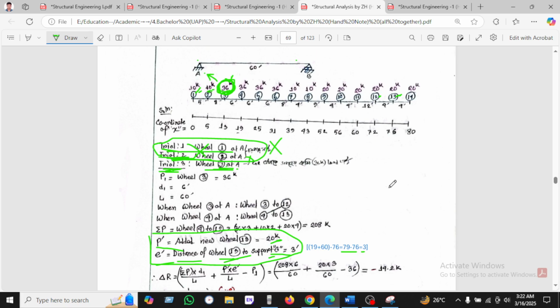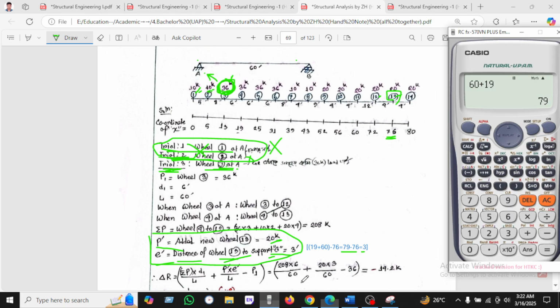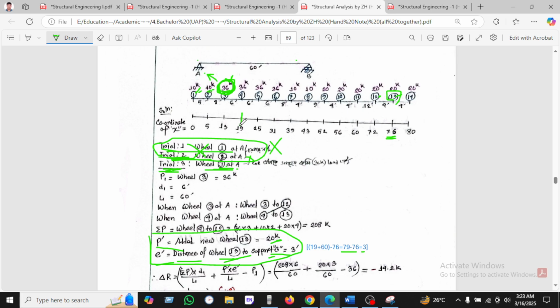Okay. How do we get this? The new load we have added is at 73, which is contained in 76. But we have to go to 79. Our coordinate will be 79, as we have been putting wheel 4 at 60 feet over here. So we find 79.